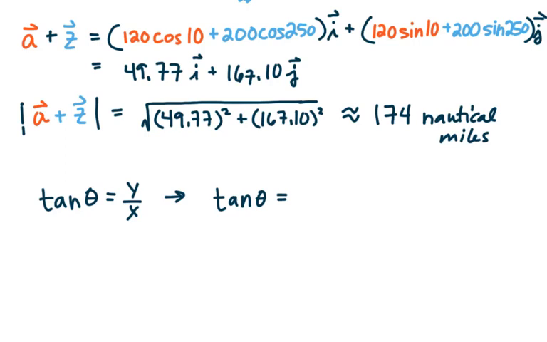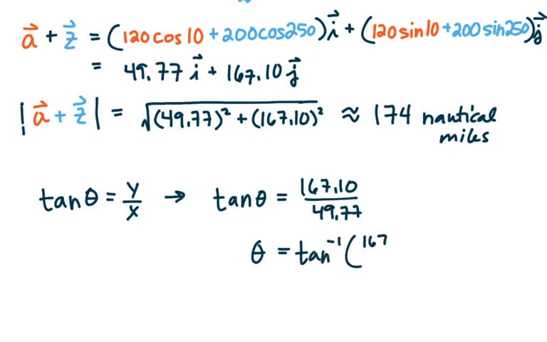Tangent theta equals my y component, 167.10, over my x component, 49.77. Or rather, theta equals arctan, or tangent inverse, of 167.10 over 49.77.